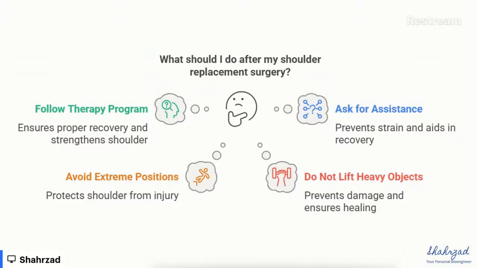Then, it is highly recommended to ask for assistance, especially in the first few days following surgery. Avoid placing your arm in any extreme position. Do not push yourself up in bed or from a chair with your injured arm or the one that you had surgery on.